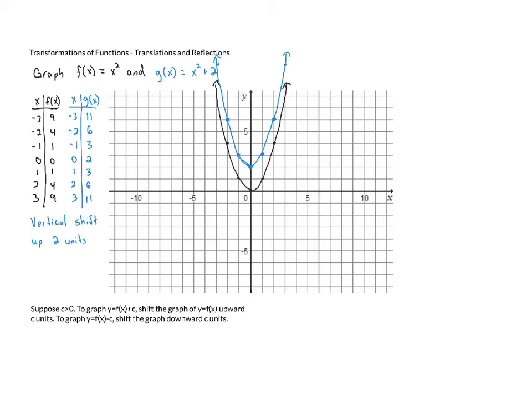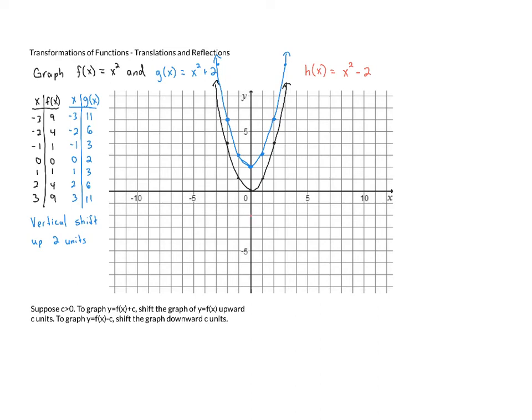Let's do another example, and let's use this instead of making another table of values. Now I want to sketch the graph of h of x equals x squared minus 2. What does this rule say about how we should graph this? Well, here it's y equals our original function minus 2, so that means we need to shift the graph downward by 2 units. So for every point on the original graph, we need to shift it down 2 units.